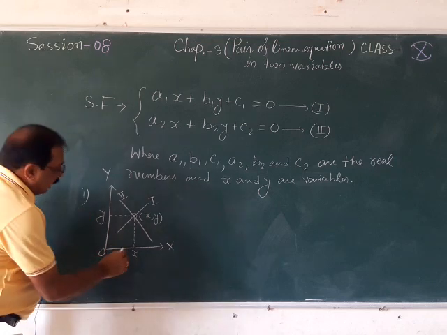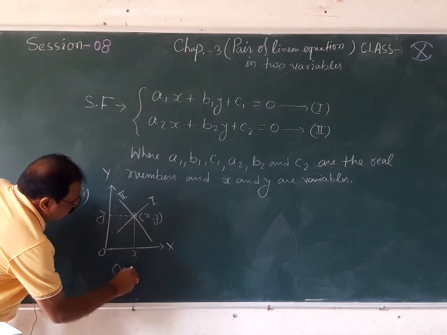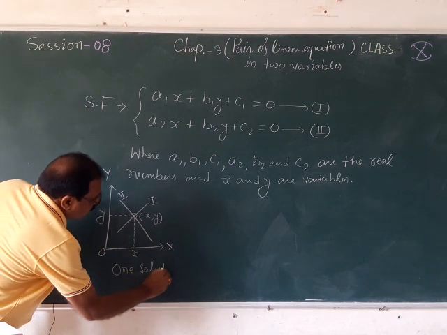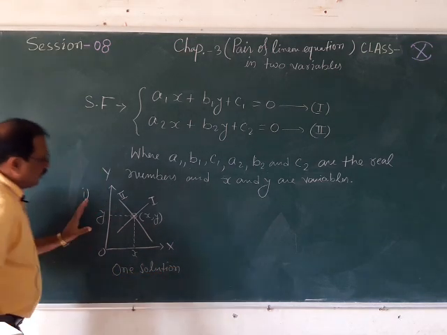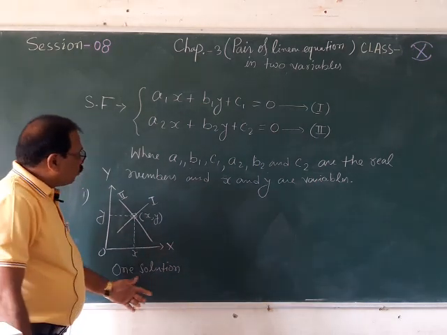And sometimes you are getting one solution. This is the case for one solution. If the graphs give one solution, it is also called a unique solution.